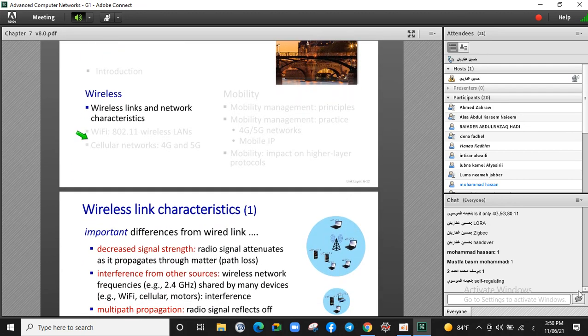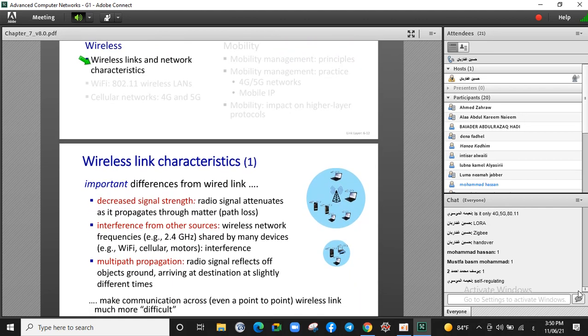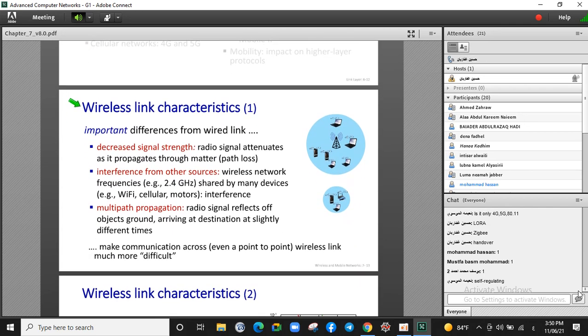what is a wireless link? Let me show you some important characteristics of a wireless link. There are several other characteristics in wireless links, but here we only want to talk about some main characteristics, some main properties.